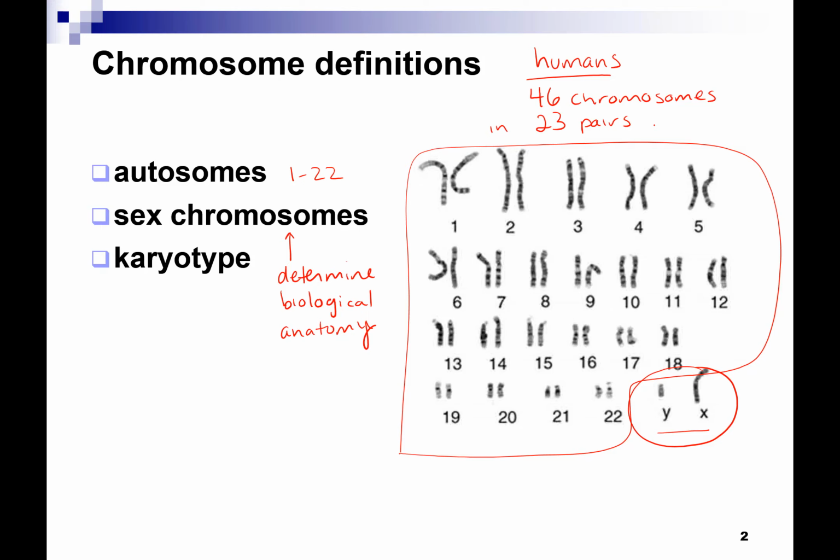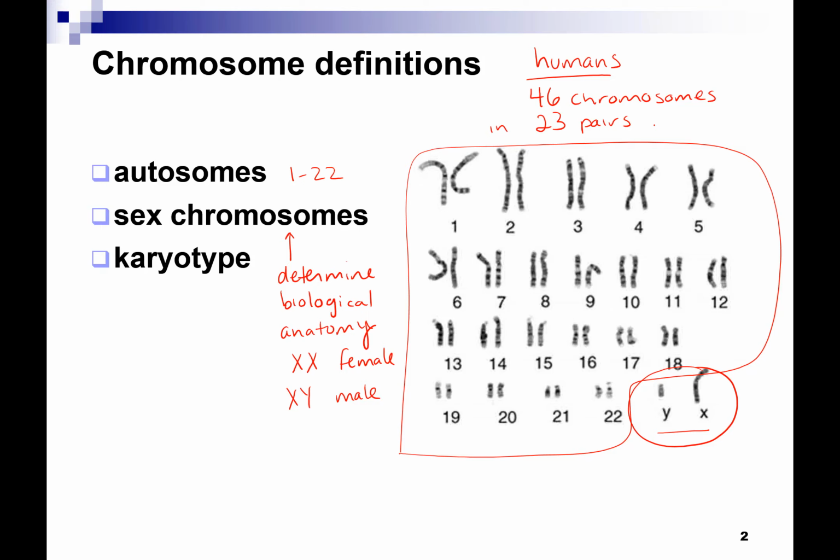Humans' sex is determined generally as XX is female, XY is male. When you get into your upper division genetics course, you'll learn that there are always exceptions to the rules.